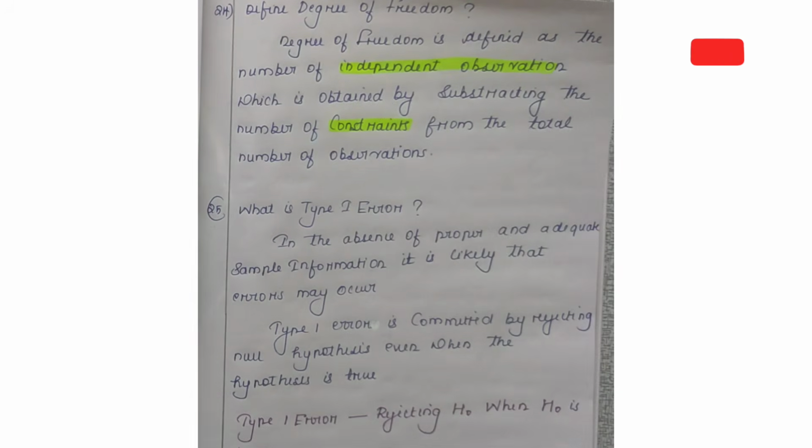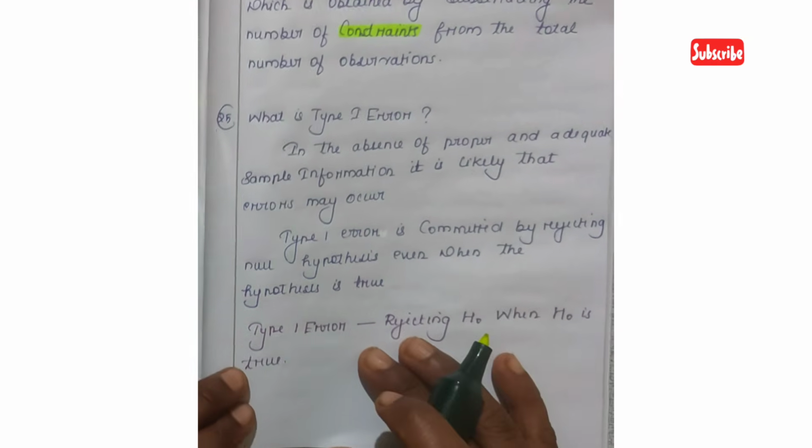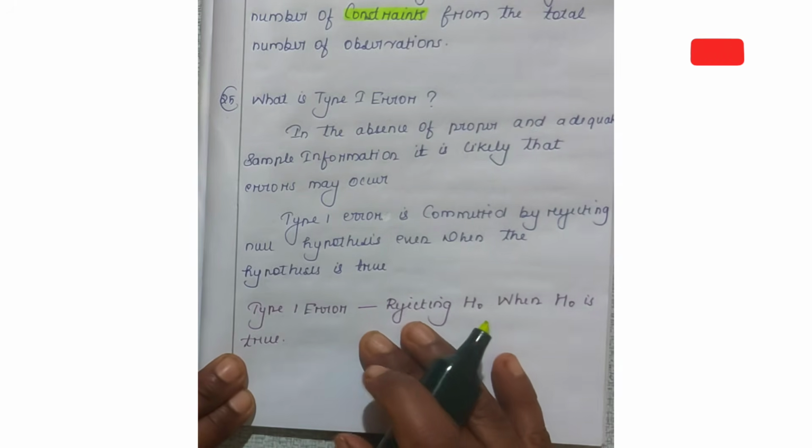So total number of observation നിന്നും constraints നമ്മൾ ഡിഡക്ട് ചെയ്യുമ്പോൾ നമുക്ക് കിട്ടുന്ന എന്താണോ അതിനെയാണ് നമ്മൾ ഡിഗ്രി ഓഫ് ഫ്രീഡം എന്ന് പറയുന്നത്.